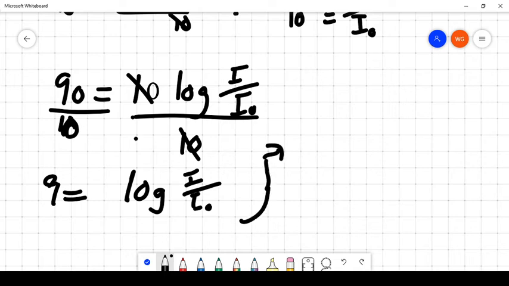That means 10 to the power of 9 is the ratio of the subway in relation to the sound that is barely on the threshold of hearing.